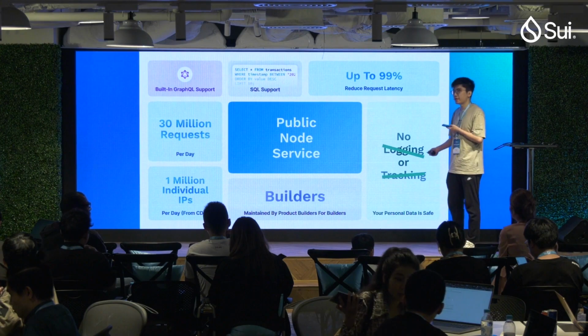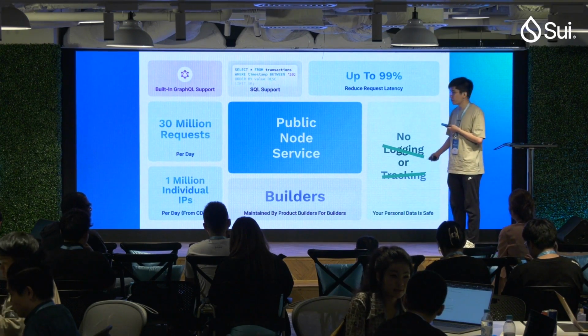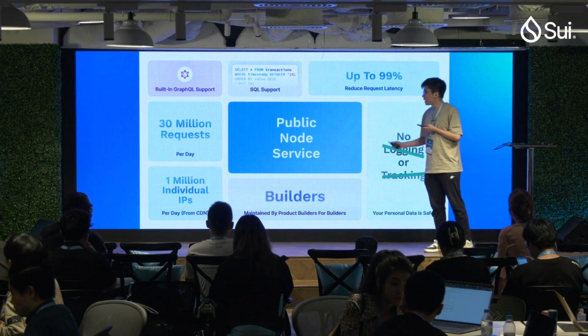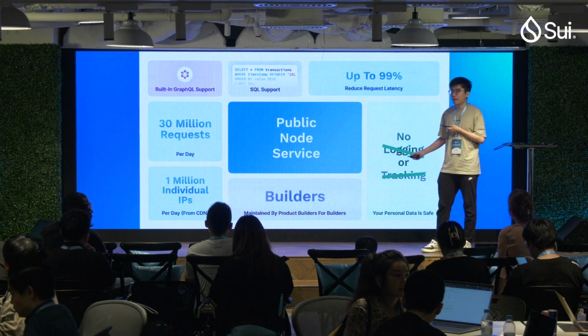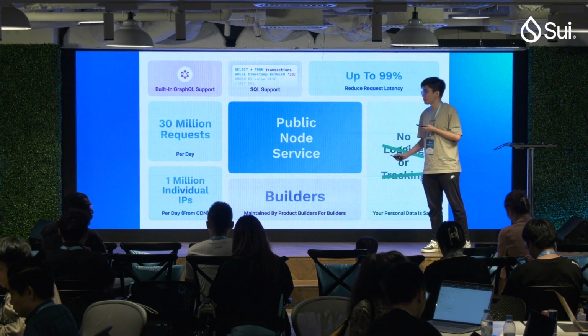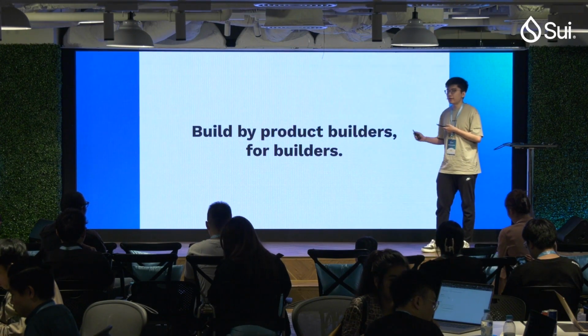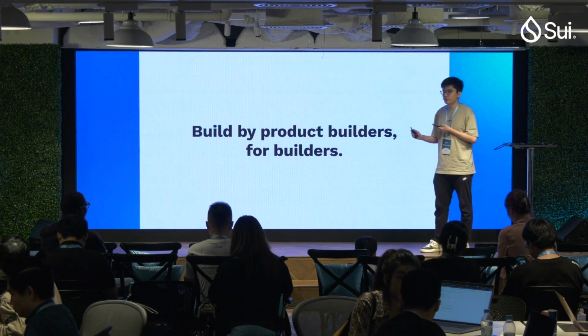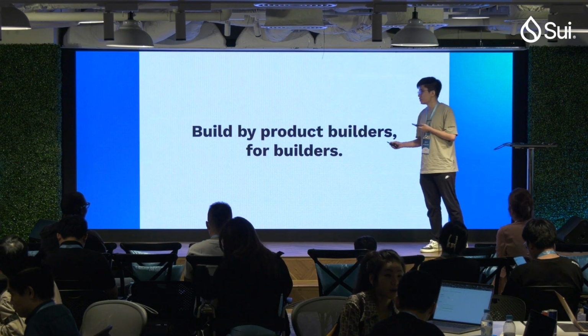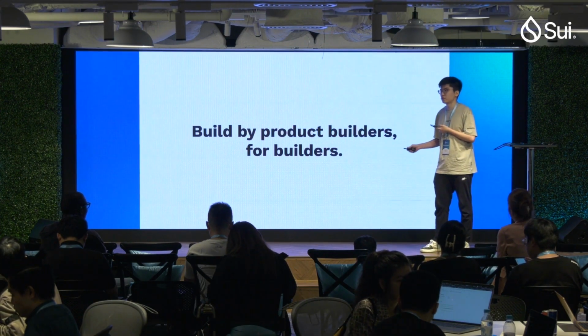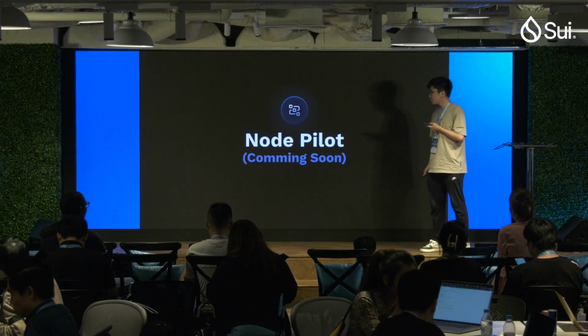And we are not tracking or logging any personal data. And more importantly, our public node service is maintained by product builders for product builders, because if anything goes wrong with the network, if there are any performance issues, we will be first to know and first to publish the fix and first to push online.